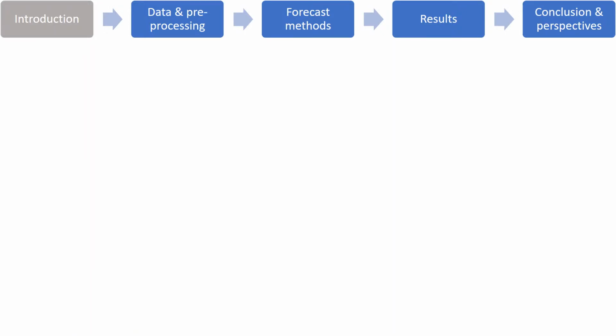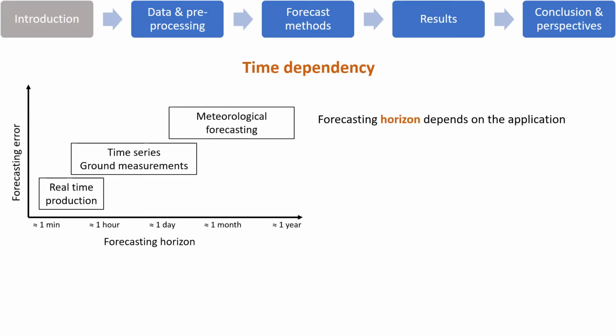The utilization of forecasting methods is time dependent. Here we can see the time dependency with forecasting error versus forecasting horizons. For small horizons, real-time based models. For 1 hour to 1 day, the time series and ground measurements based models.